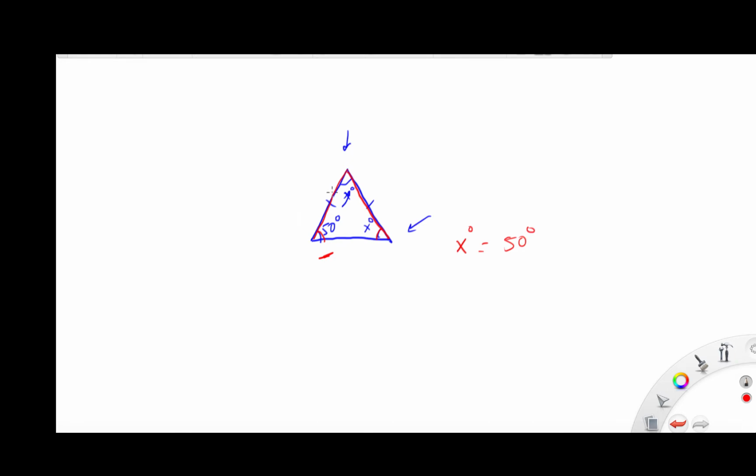And if we know that the total of the triangle equals 180, we can say 180 degrees minus 50 will give us the total of this angle. All right, so what is 180 minus 50? We have 130 degree angle, okay, on top. That's what y is. All right, so not too difficult to find out those answers for that.